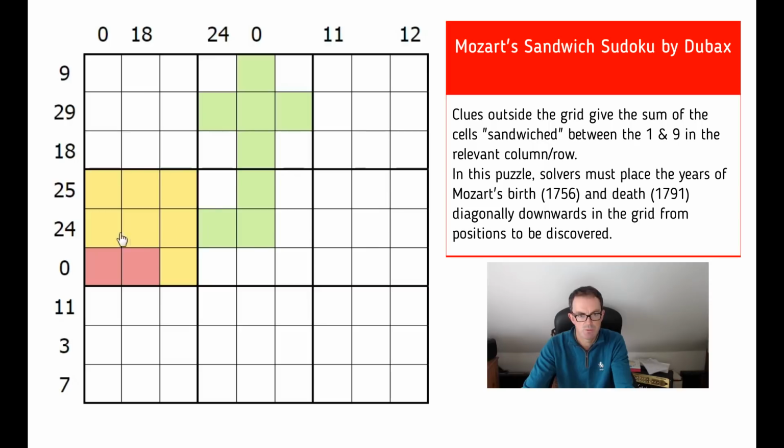So this 24 row is absolutely broken now, because I can't possibly get 24 in between in these two cells. So this square is green, and for the same reason this square is green, because that would just force a red cell here, which gives us the same problem in this row. So there must be a 1 or a 9 in one of these squares.